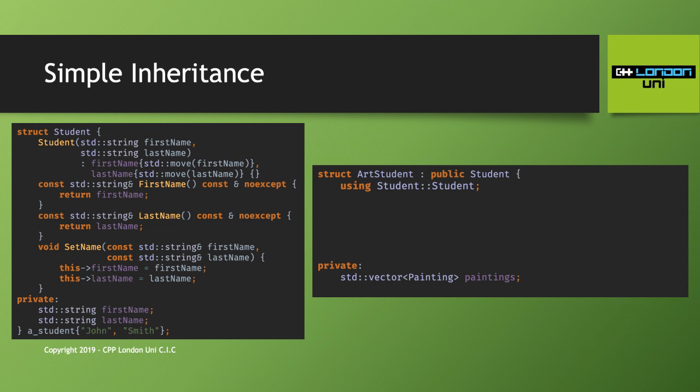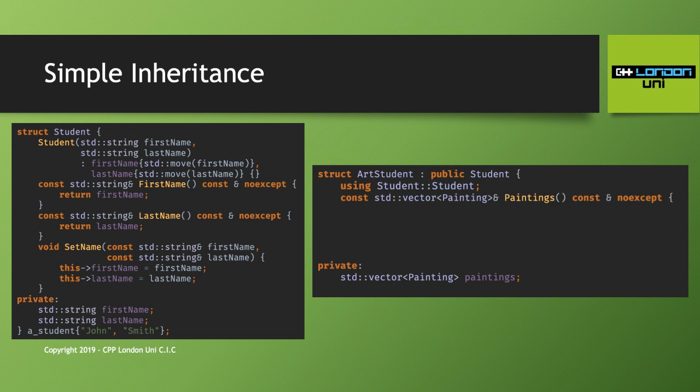When you inherit, it's up to you to determine what constructors you want to bring forward into your derived type. You don't have to do it this way. I'll show you an alternative way in a few minutes. But essentially, we're saying, please bring the constructors of student into our class. So if somebody wants to initialize us, it will just recycle this constructor right here on the left-hand side.